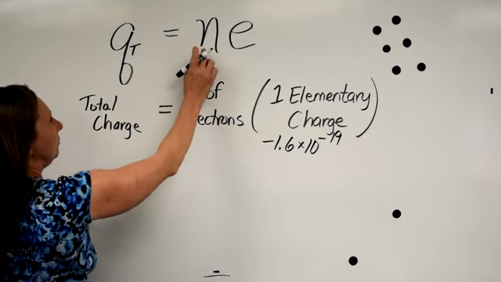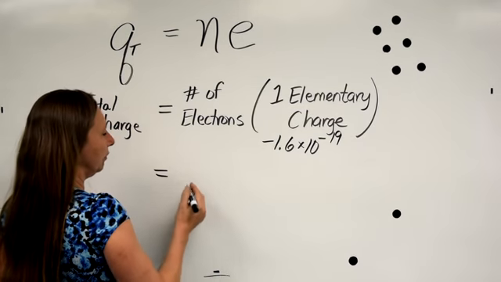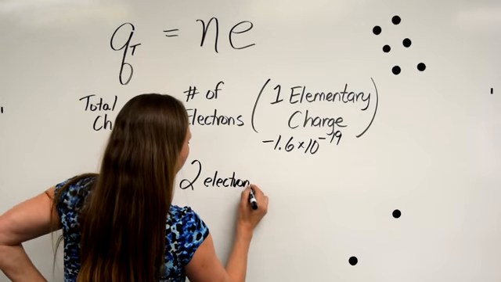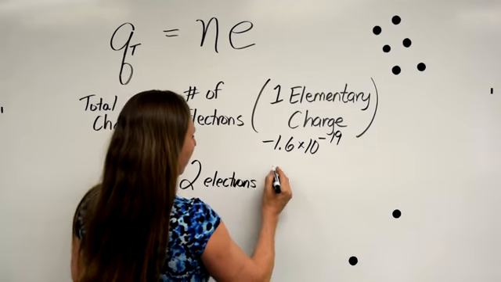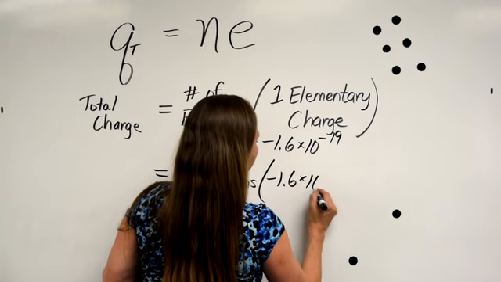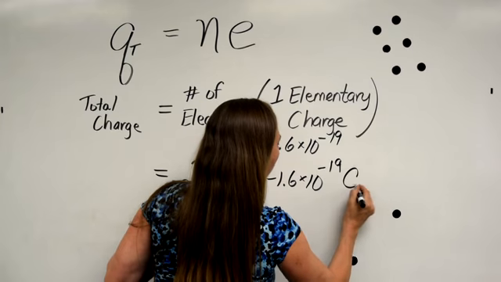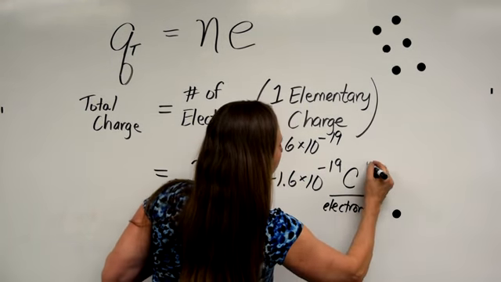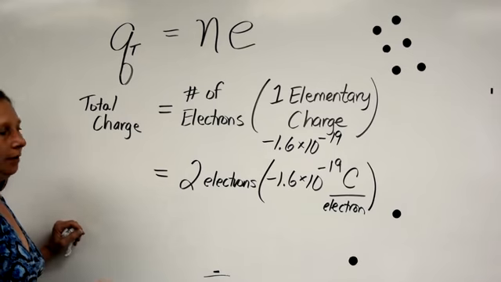N is the number of electrons, so let's just say it's 2 electrons. The elementary charge is really negative 1.6 times 10 to the negative 19 coulombs per electron, or coulombs per proton, but we're not talking about protons today.